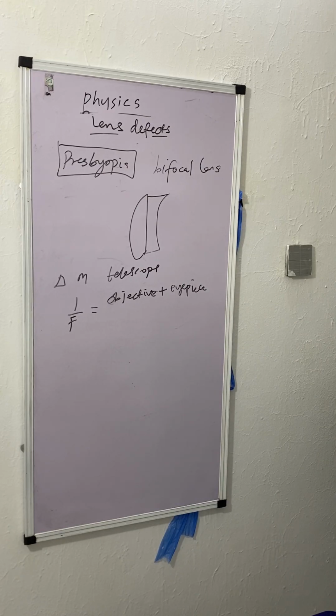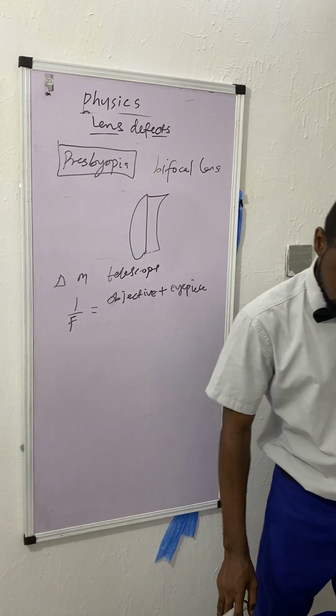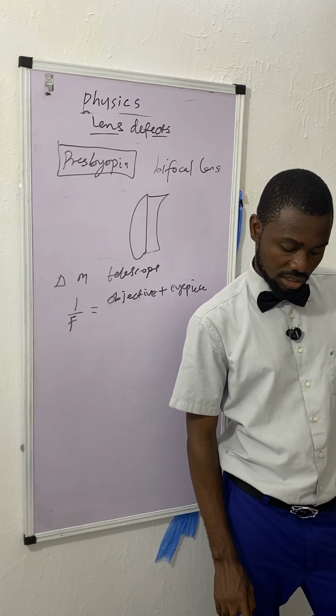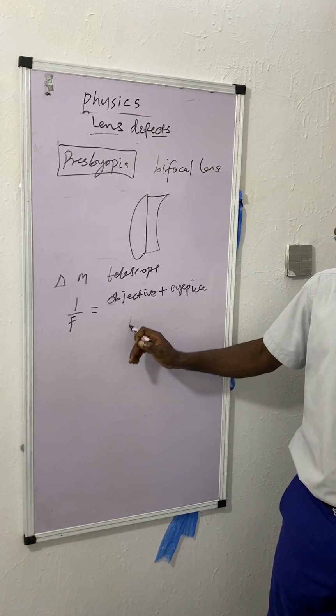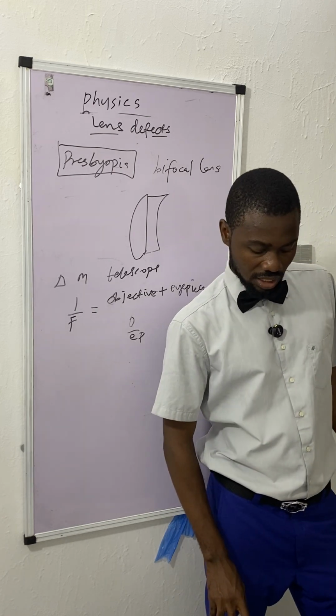So the magnification will be given as the focal length of the objective over the focal length of the eyepiece. So that's the magnification.